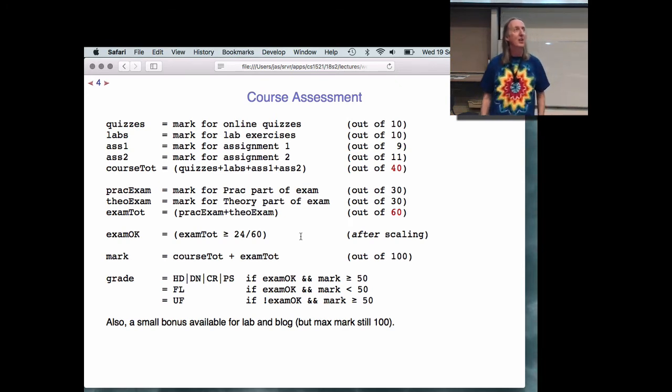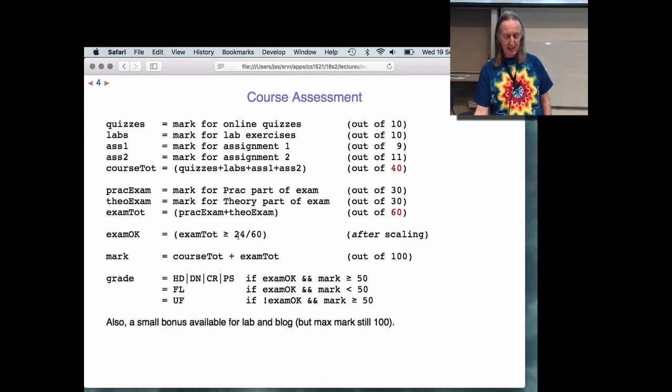We expect that you'll go reasonably well in the exam. The fact that you've gone reasonably well on the assignments doesn't prove too much, given that maybe it wasn't you if you did the assignment. So we expect to get a reliable guarantee that you understand the stuff. We expect that you'll do well on the exam.